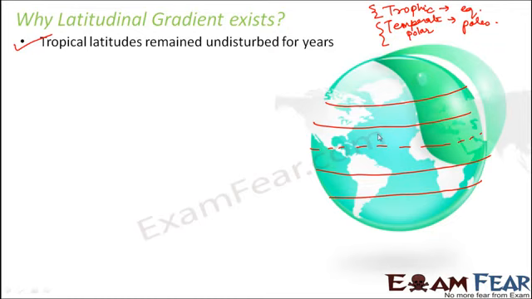If you compare these tropical latitudes with the polar latitudes, the latitudes which are present somewhere here near the poles, these areas experience more frequent glaciations, which can destroy the entire area, which can destroy the entire species. Those kinds of disturbances happen more frequently in the polar areas, and as a result, the destruction of species in polar regions is more. Therefore, the tropical areas being undisturbed actually continue to have their older species also.